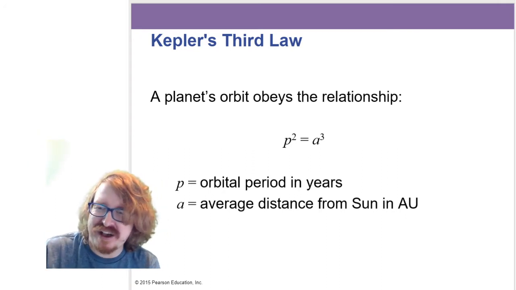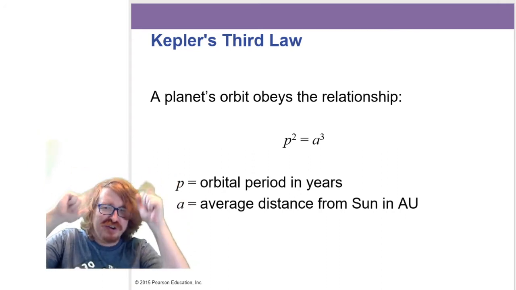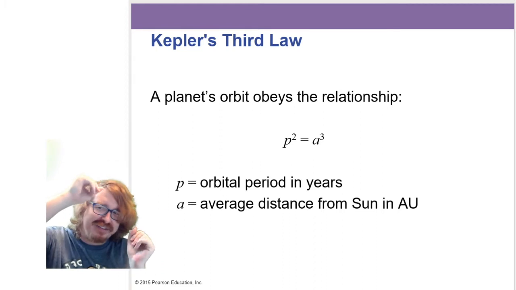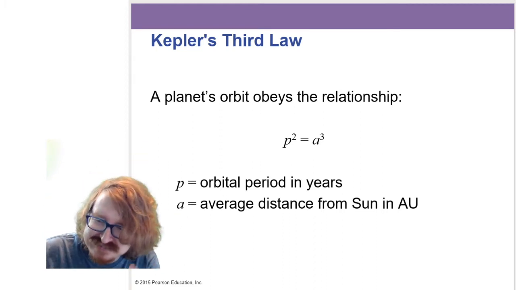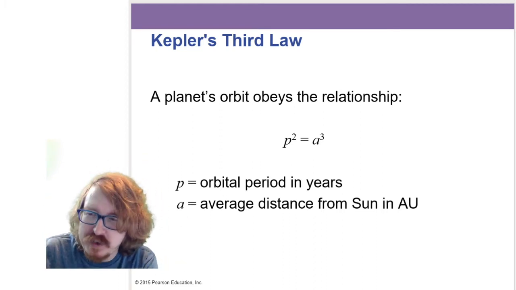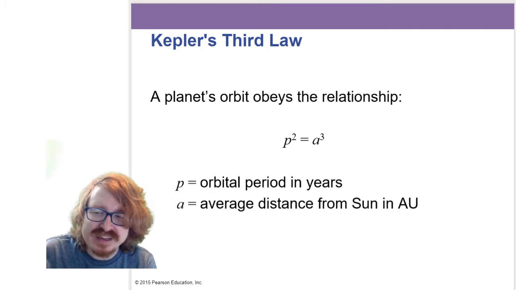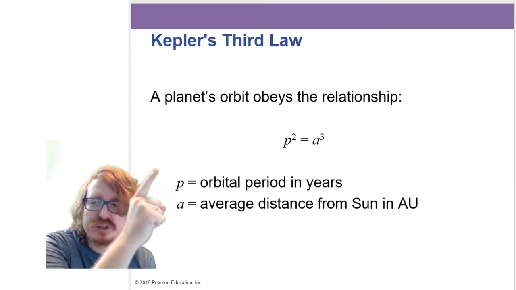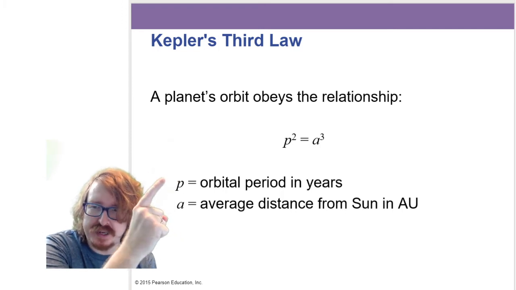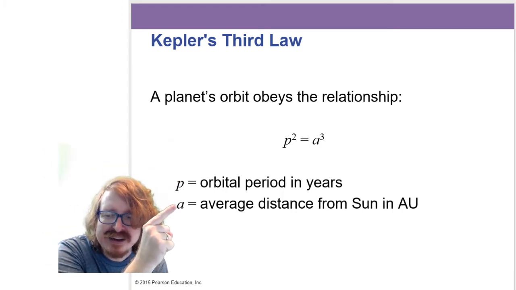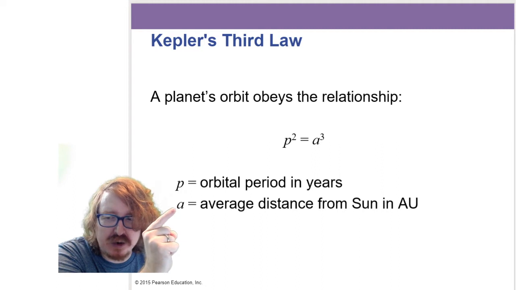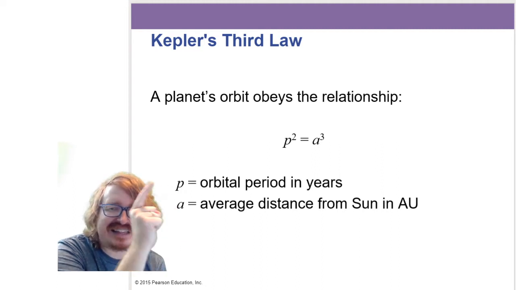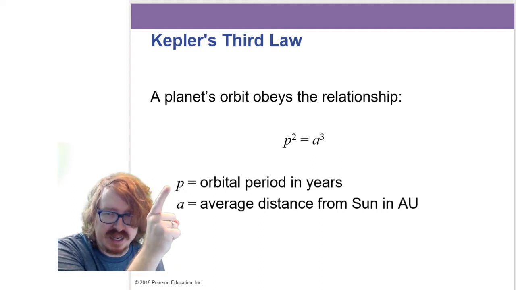Somebody said, yes, finally some math. Exactly. Woo, yay, math. We got excited. Yeah, that's right. Orbital period is how long the planet takes to orbit the sun. So a is talking about the size of the orbit, and p is how long the orbit takes.